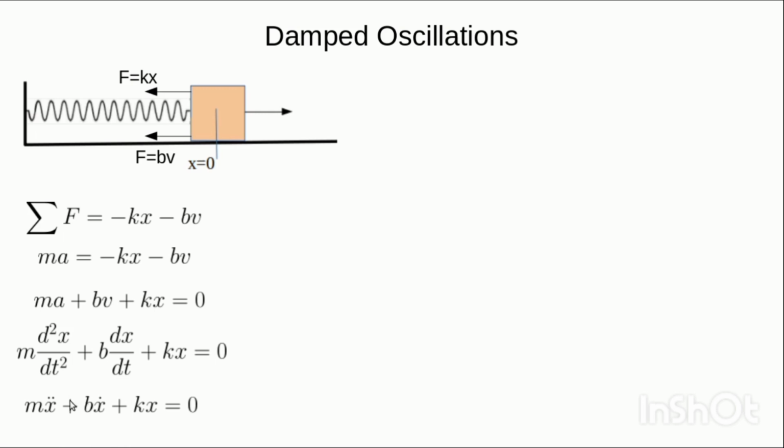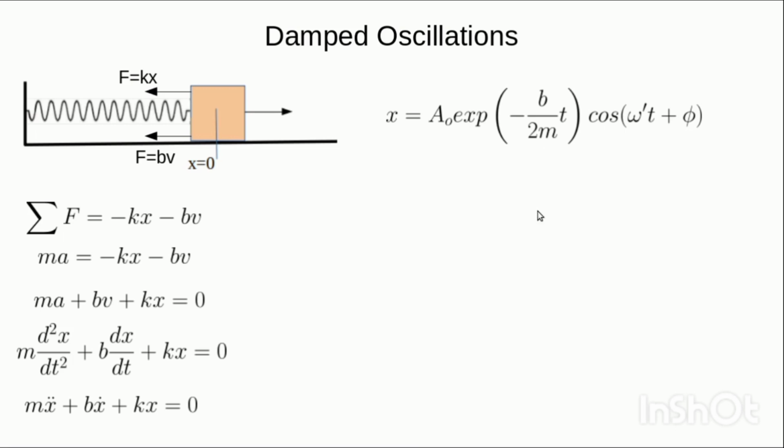So if we solve this particular problem, we have a special solution. In our previous video, which is titled Mathematics for Scientists and Engineers, we solved an equation of this form, so we don't have to solve it here. The solution to this differential equation is x equal to a naught exponential of minus b over 2m times t, cos of w prime t plus phi.